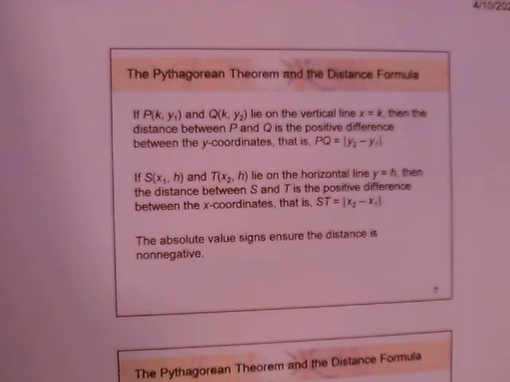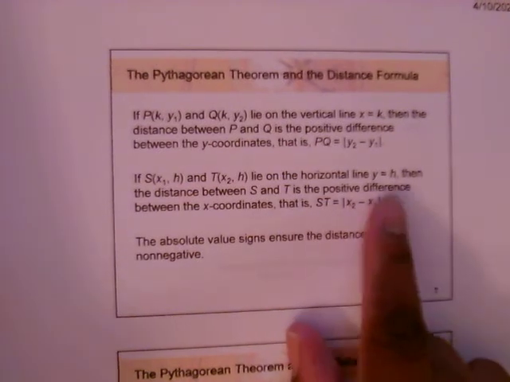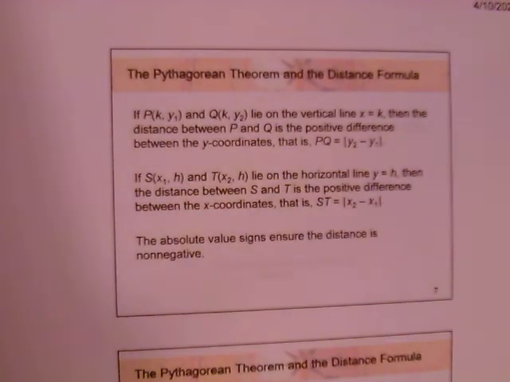That's because on the horizontal line, your y coordinate remains the same. So all you do is take the difference of the two x coordinates and take the absolute value. The absolute value sign ensures that the distance is non-negative. Absolute value is always positive, and distance will never be negative.